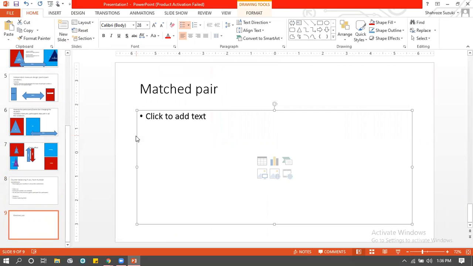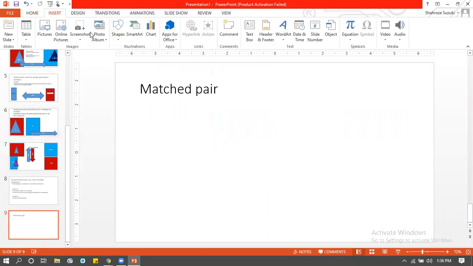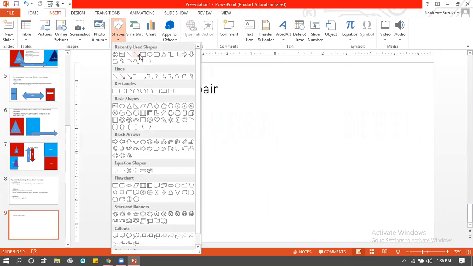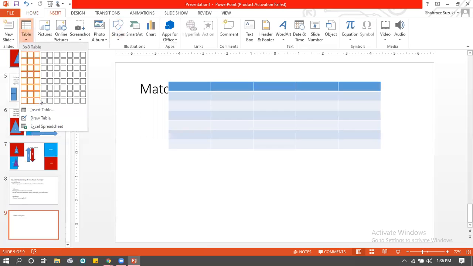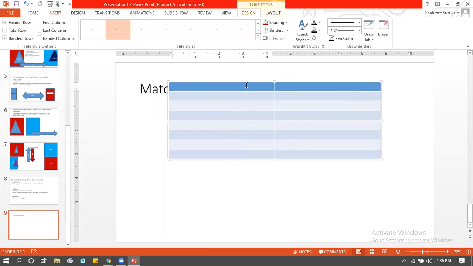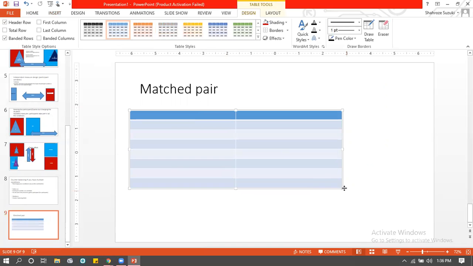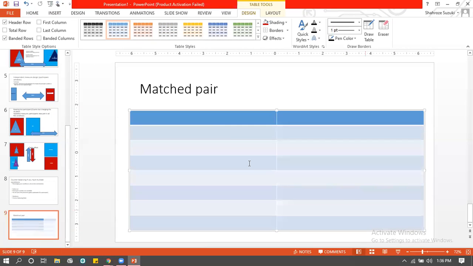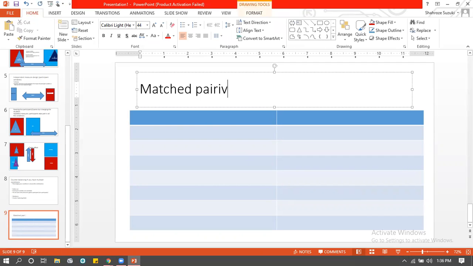Matched pair is the third design. What you do is, let's suppose we have again two groups. Let's suppose my IV is occupation, as in doctors.